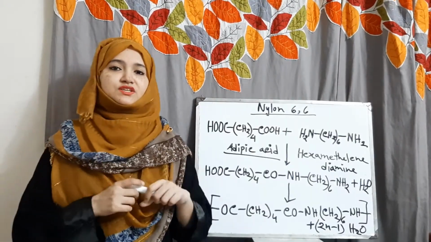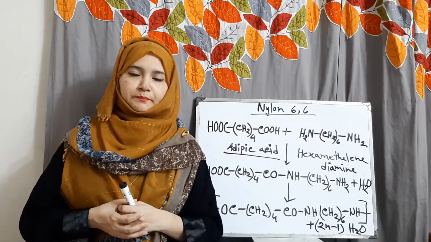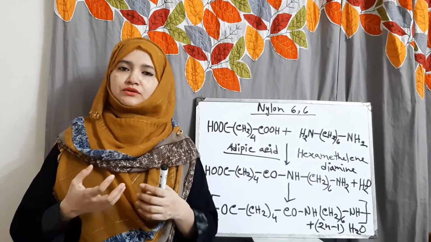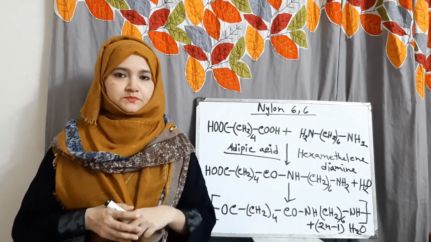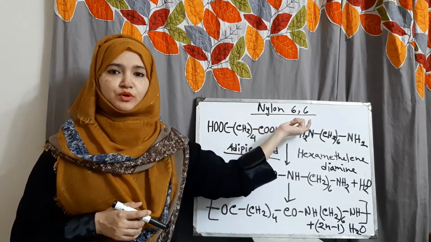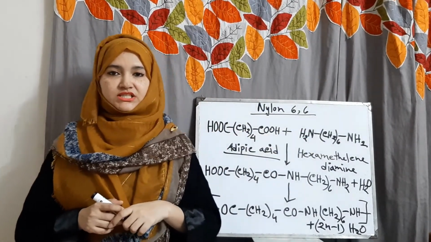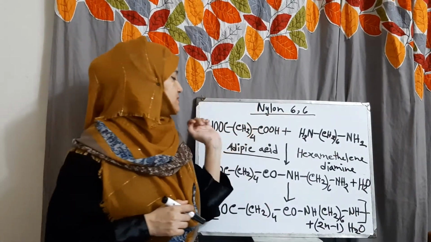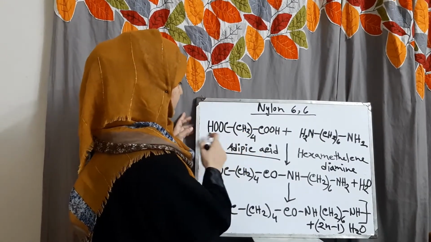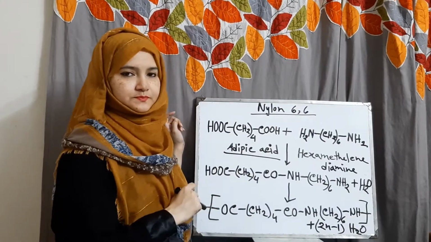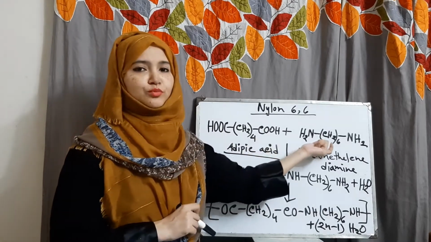Nylon 66 is an example of condensation polymerization. It's a very important polymer. It is widely used for preparing artificial cloth, robes and toothbrushes, etc. This nylon 66 is a polymer prepared by condensation polymerization, and for preparing nylon 66, we take two different monomer molecules.